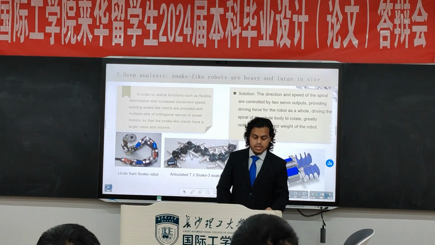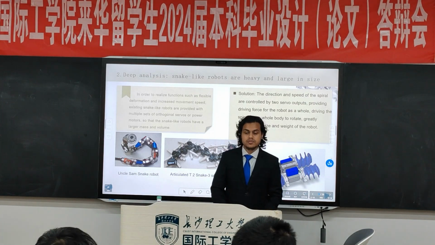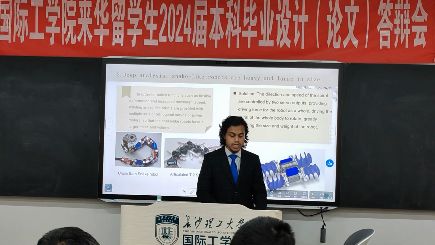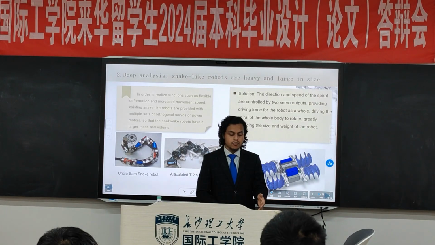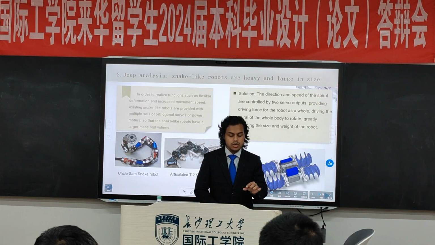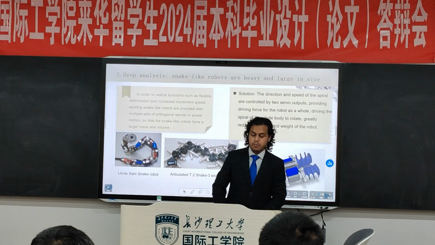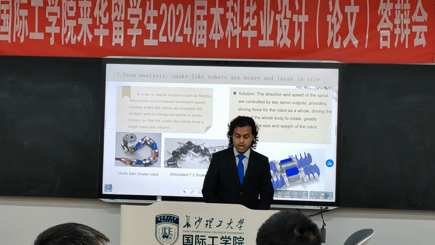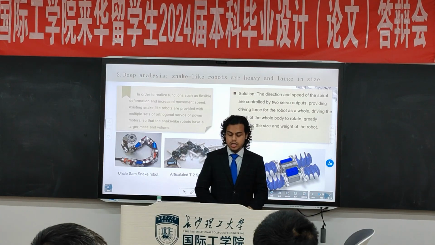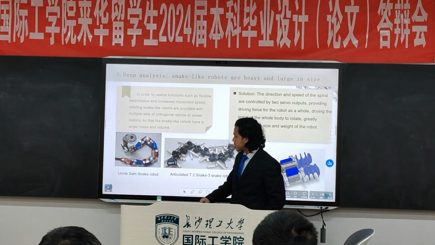Here you can see Uncle Sam, a very famous snake robot in the USA, designed with different motors and body structure with parts connecting to each other. But my design is a helical drive, a double helical drive or helical gear, as you can see in the picture.